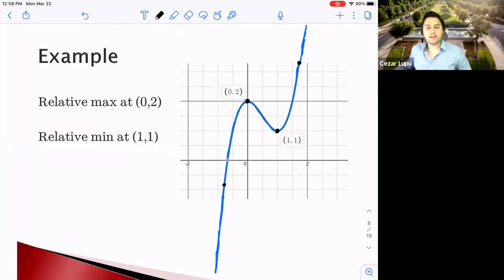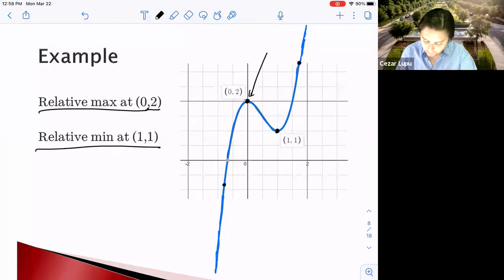So we can say that on a certain interval, the relative max is the point of coordinates (0, 2), and the relative min is at (1, 1). That's the difference between them. So let me write it here. This is a relative maximum, and this one here is a relative minimum.